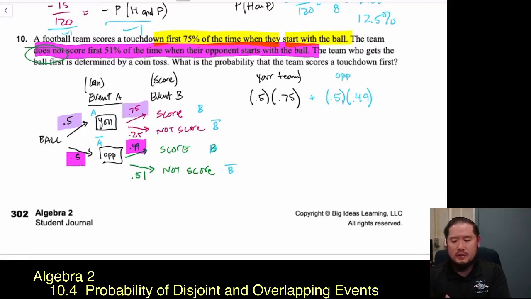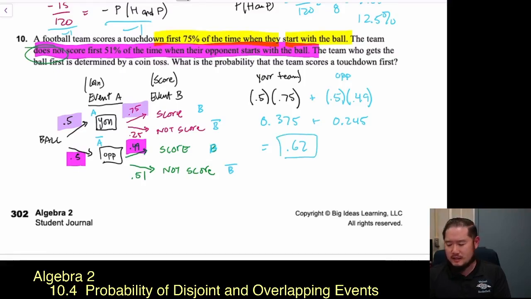Okay, so we have the probability of both. Multiply them, add them up. So 0.5 times 0.75 is 0.375. And then 0.5 times 0.49 is 0.245. So let's add the two together, and we have 0.62 as our answer.